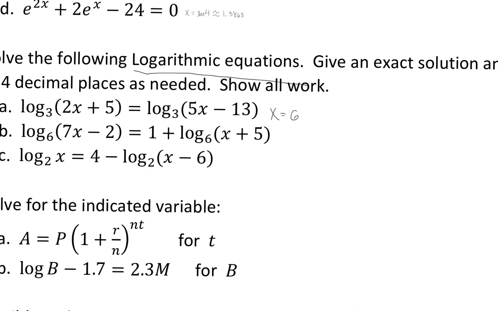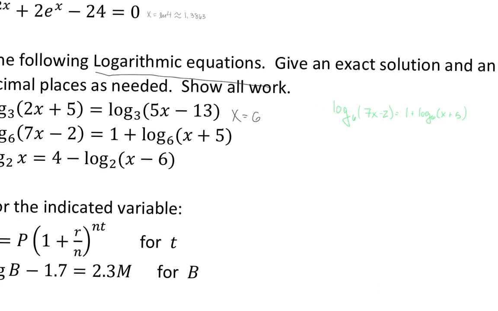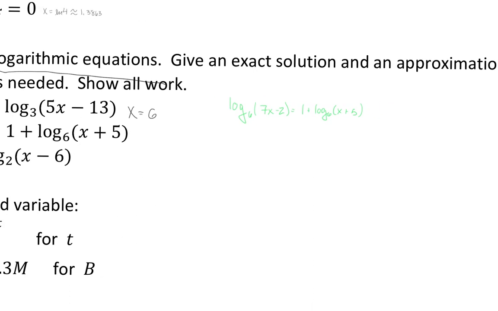So now moving on to letter B, we have log base 6 of 7x minus 2 equals 1 plus log base 6 of x plus 5. What I'm going to do here is subtract this log base 6 of x plus 5 over.